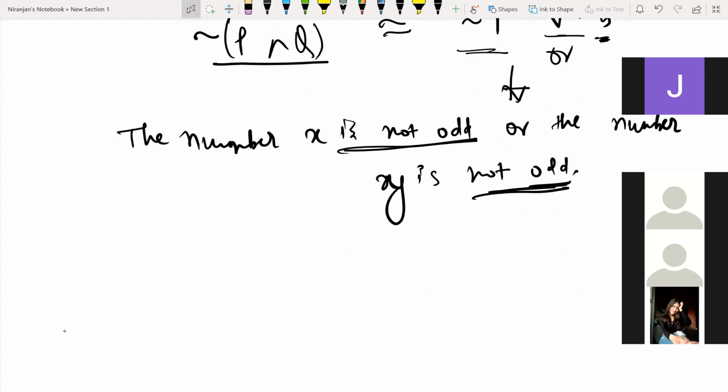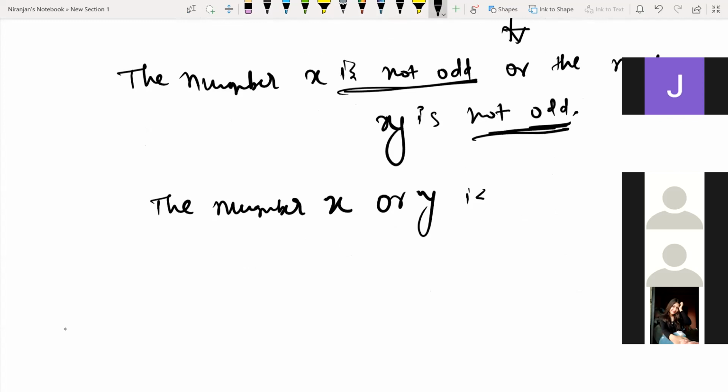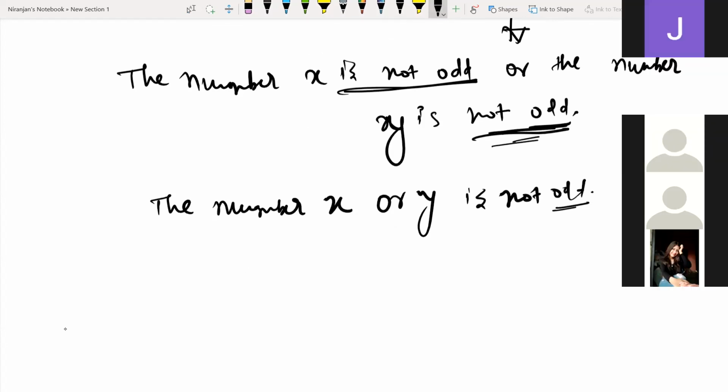So here, these statements can be written as the number X or Y is not odd. Do you think this is the same statement as the one above? How many of you think that this is the same statement as the above that I have written? And let me write one more, meanwhile you think.